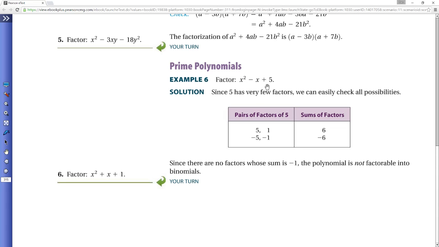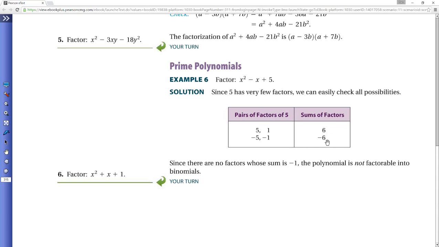Well, in this case, I can look at x and x, and let's look at factors of 5, which is a prime number, so it's pretty easy to see that we only have 4 factors here: positive 5 times positive 1 and negative 5 times negative 1. And I get these possible sums, right?